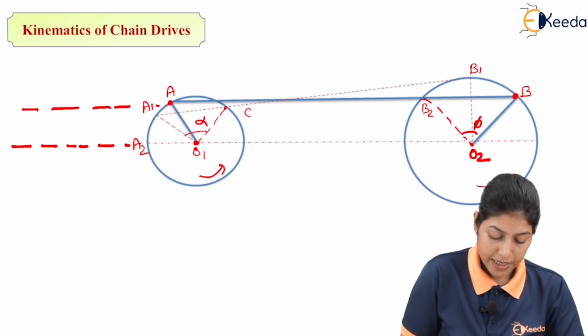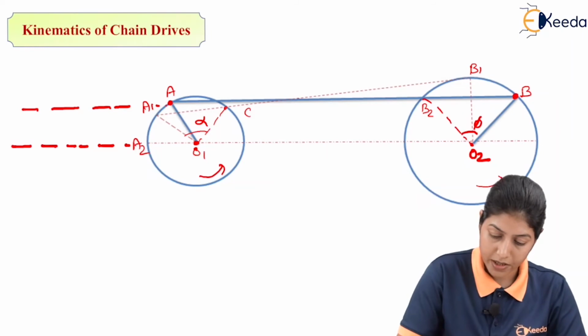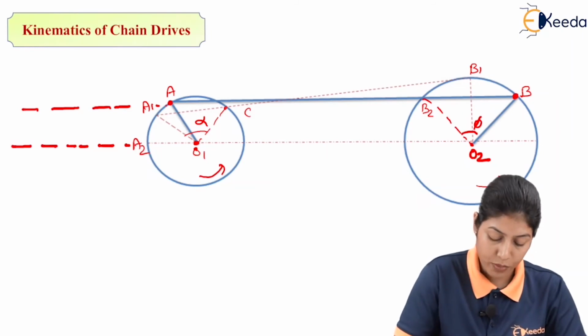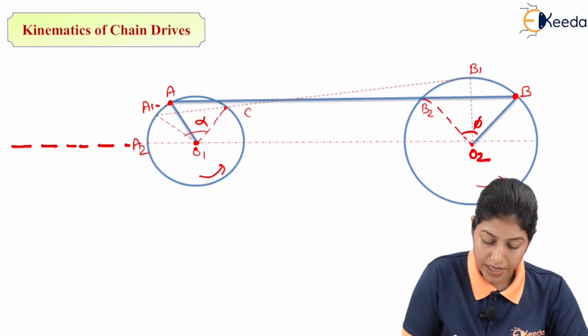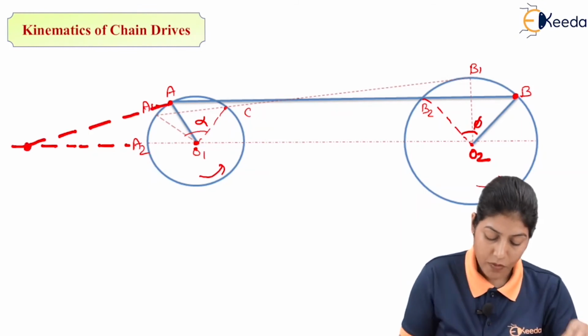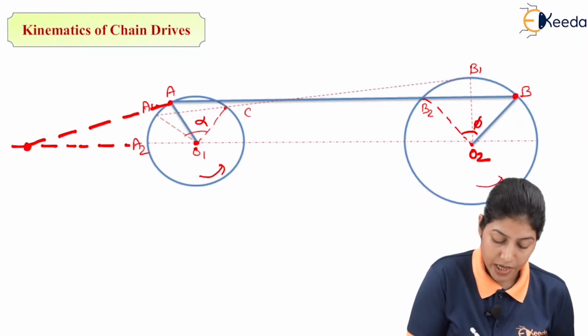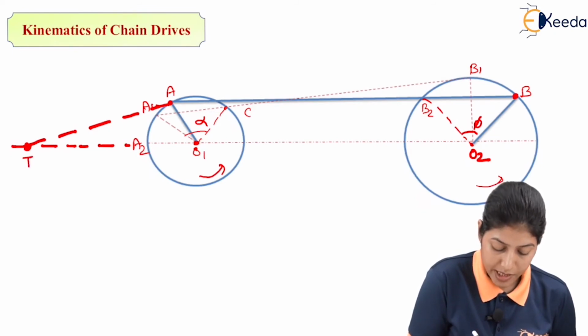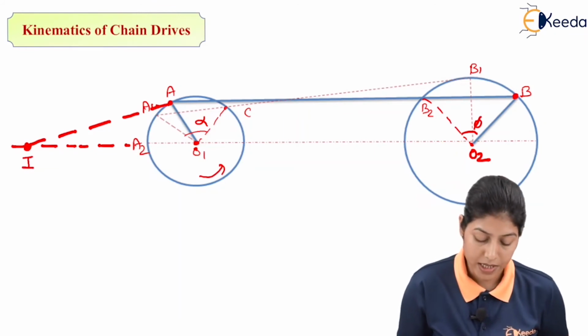Here, because of the length, I am not able to show the position of the instantaneous center, so I am marking it manually here. We will extend the line AB, and the lines O1A and O2B will intersect somewhere along O1, O2, and this point I am going to mark as I, which represents the instantaneous center.